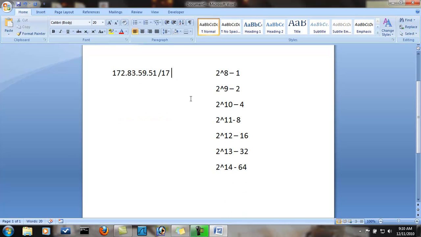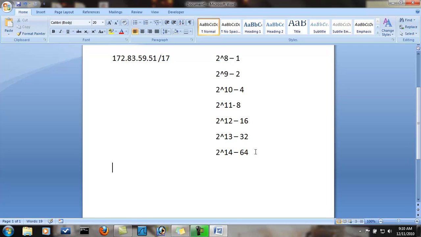So for this network address we have a /17, so the first thing I would do is 32 minus 17, which gives us 15. So 15 is right over here.